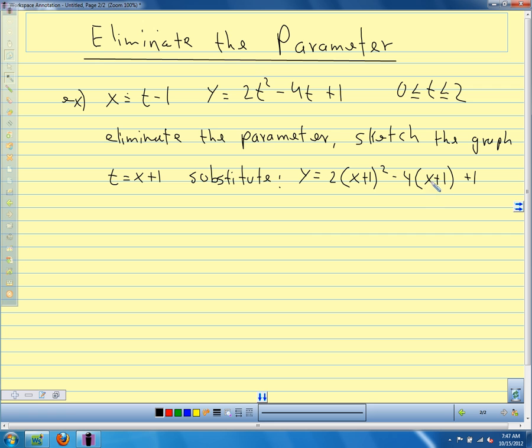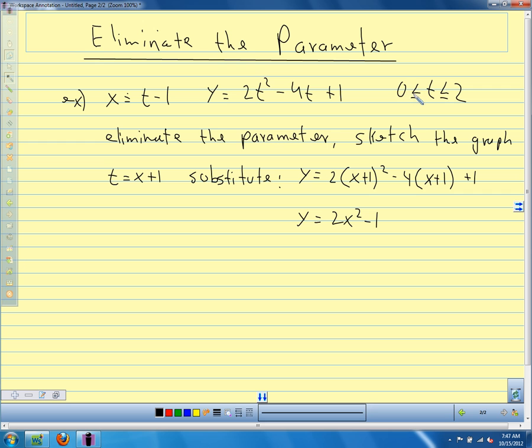And when I simplify this, I get y equals 2x squared minus 1. Now my domain for t was 0 less than or equal to t less than or equal to 2. I need to adjust my domain because here my domain is in terms of t. For my graph I want the domain to be in terms of x.